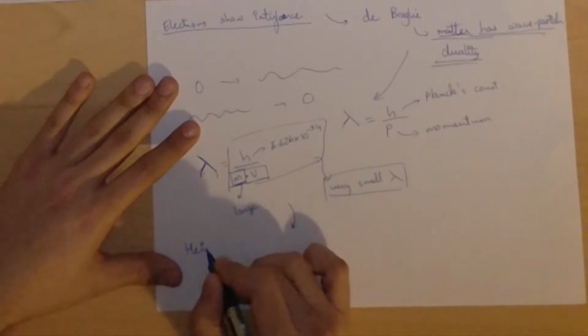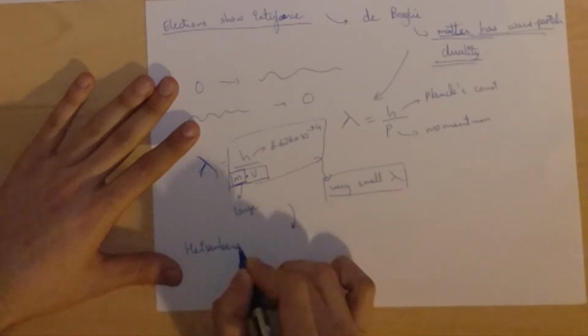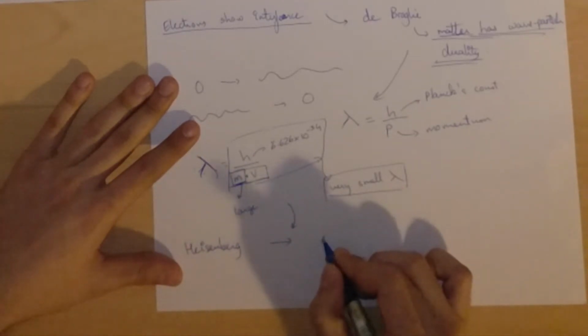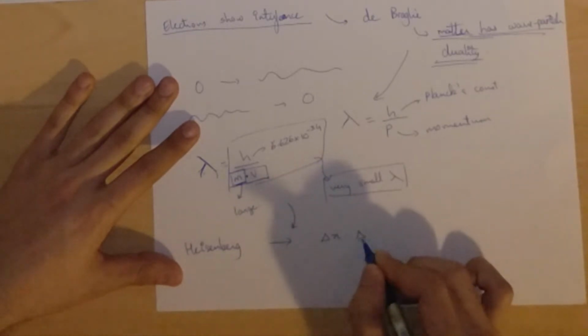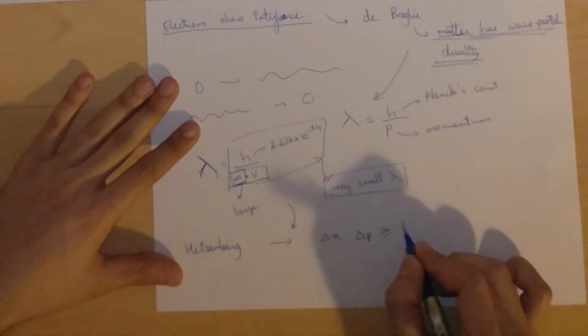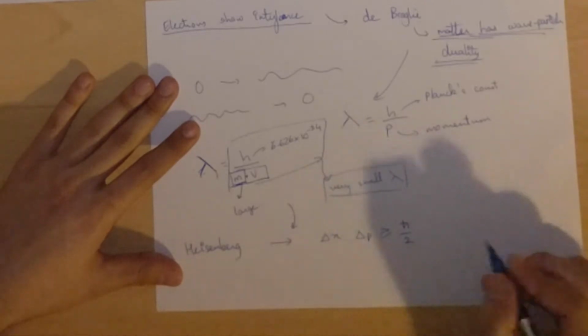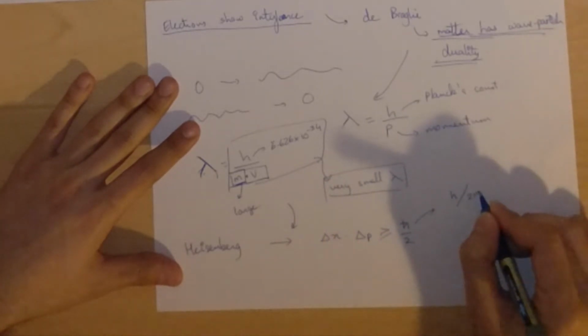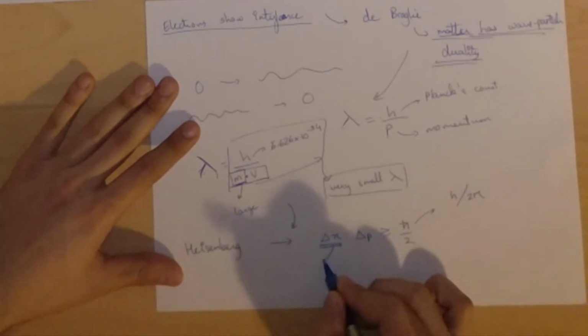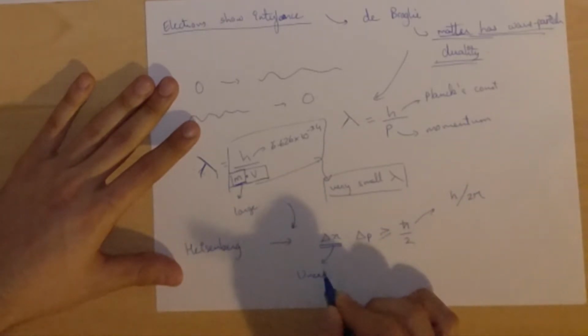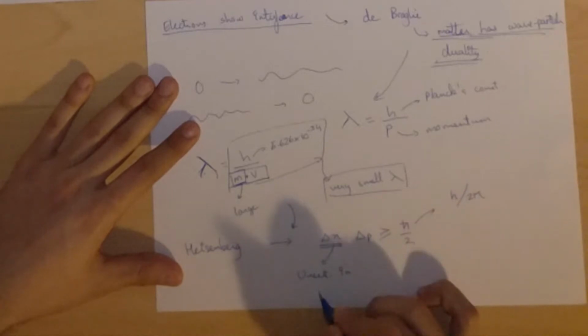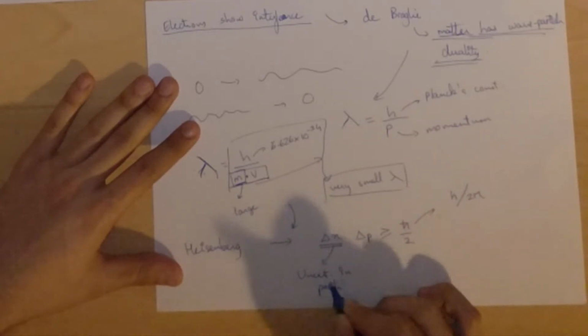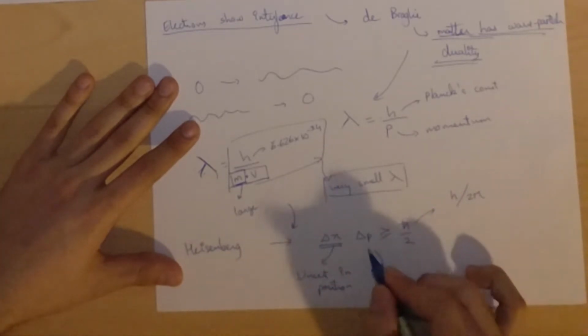So Heisenberg is a really famous scientist who came up with an equation that looks something like this. So that is the reduced Planck's constant, which is Planck's constant over 2 pi. That is uncertainty in position. That is uncertainty in momentum.